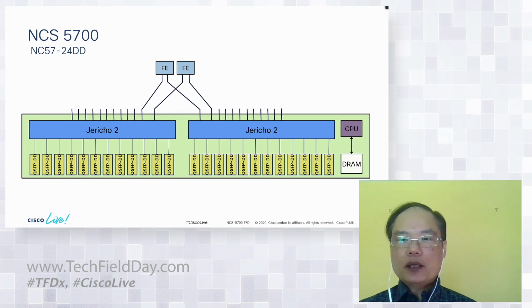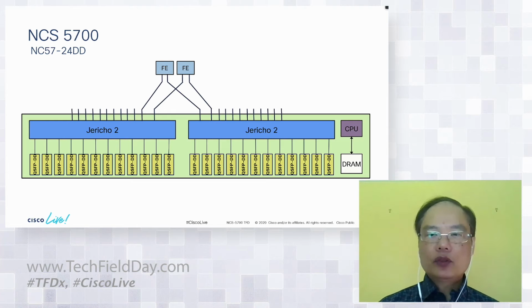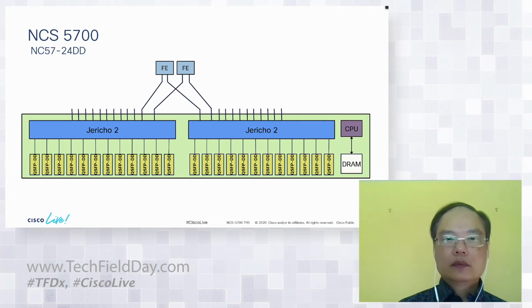And both NPUs are connected in full mesh to the fabric cards, as we have shown in the previous example. So the 24DD line card architecture is very simple and basic. It is optimized basically for 400 gig operation.